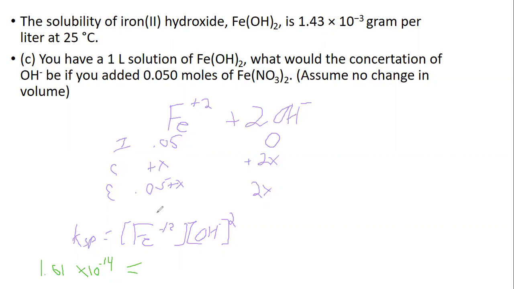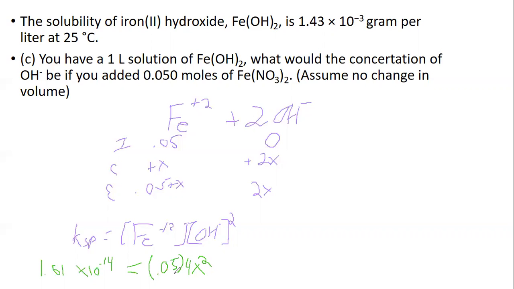It's negligible, we ignore it. So iron is 0.05. Hydroxide is still 2x, and it's 2x squared, or we can just say 4x squared. And then we work backwards, multiply the 0.05 times 4. That's 0.2, and then we solve.